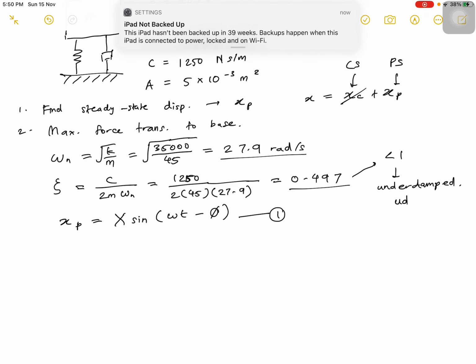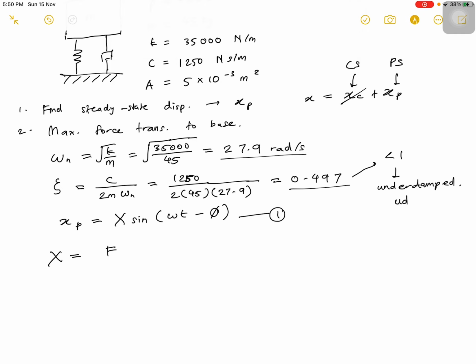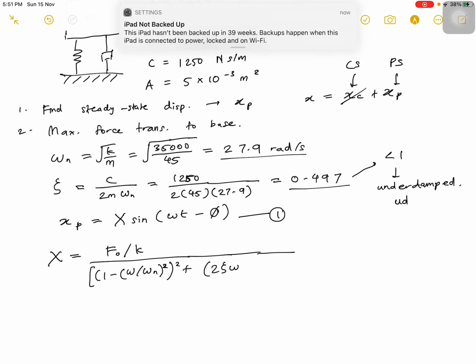So from the lecture note, we know that the amplitude x is equal to, we have the formula for that. Since this is a forced vibration, the formulation is different compared to free vibration. So this is the formula for the amplitude. It's quite lengthy. Bear with me. Omega over omega n squared plus 2 zeta.